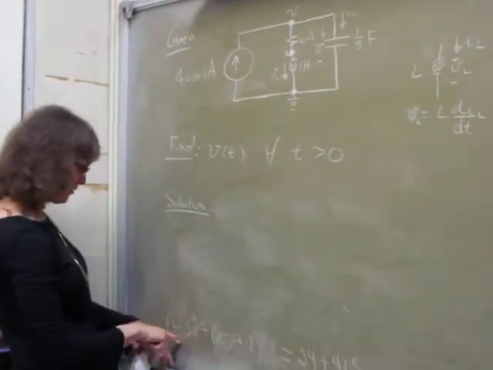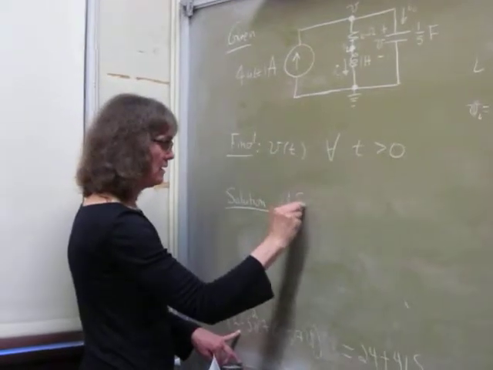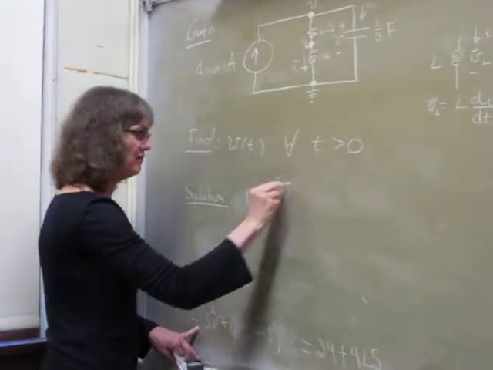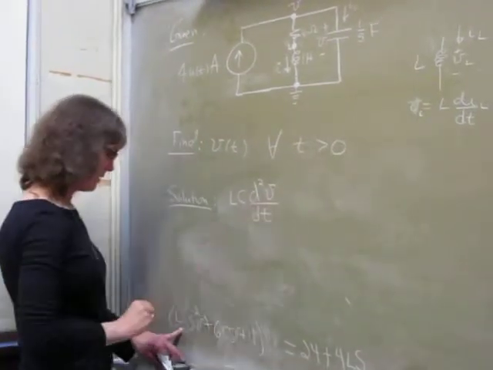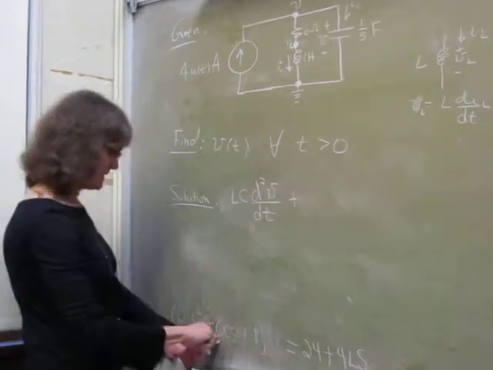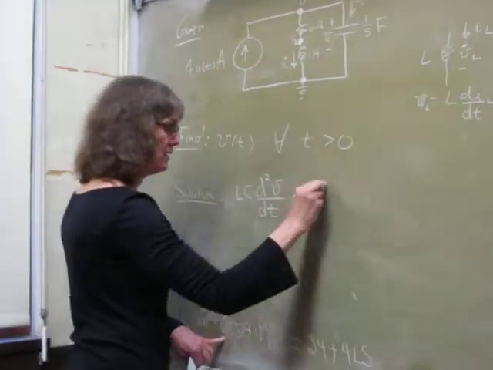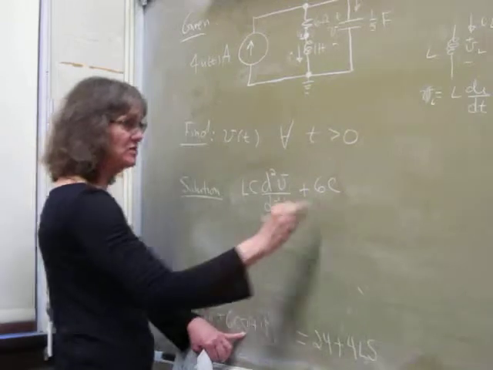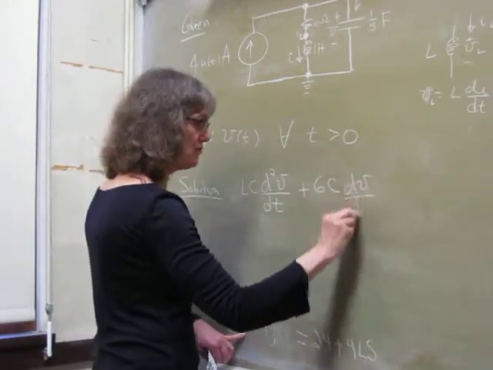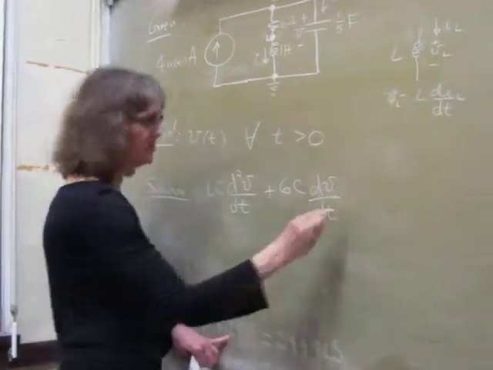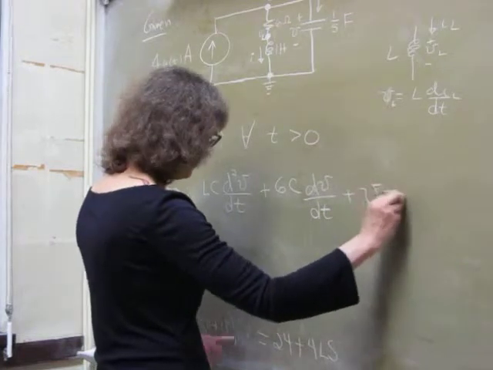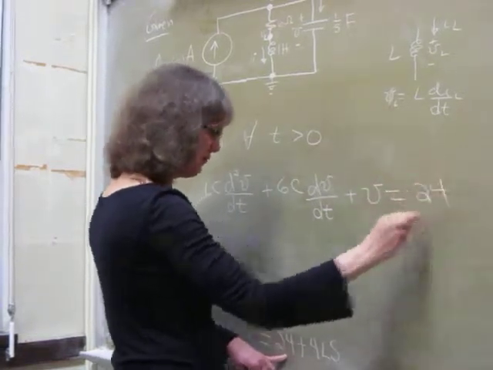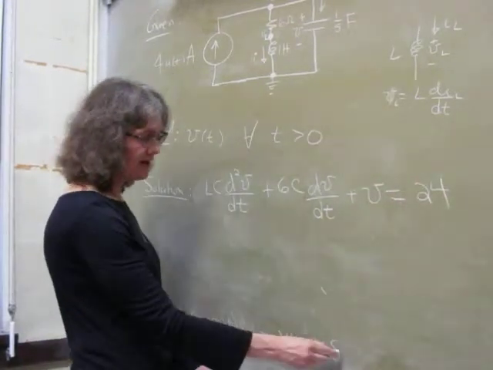So we've got LC, the second derivative of V with respect to T, plus 6C, and then SV, that's the first derivative of V with respect to T, plus V, just by itself, is equal to 24 plus 4LS.